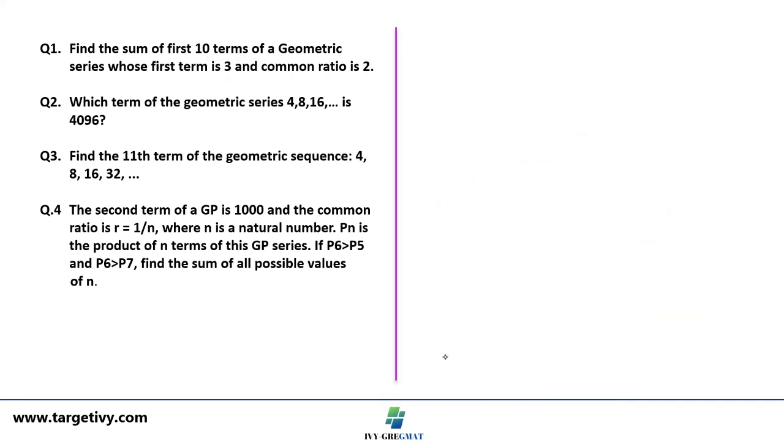Similarly, let's take the next one. Which term of a GP is this? So we are asked to find out the nth term, Tn. Remember, the second question goes something like this. The series is 4, 8, 16, like this it is going. So we need to find the common ratio.